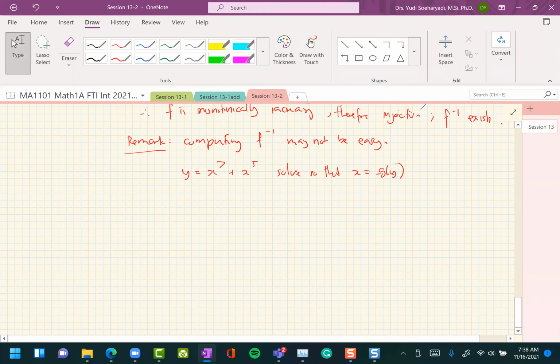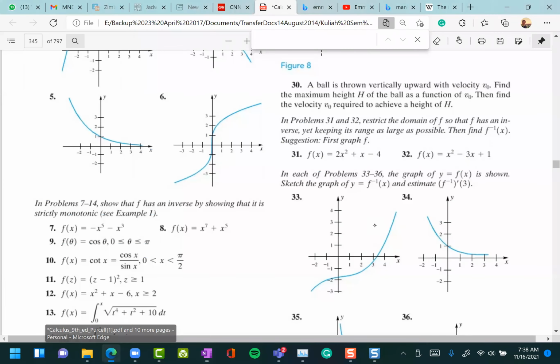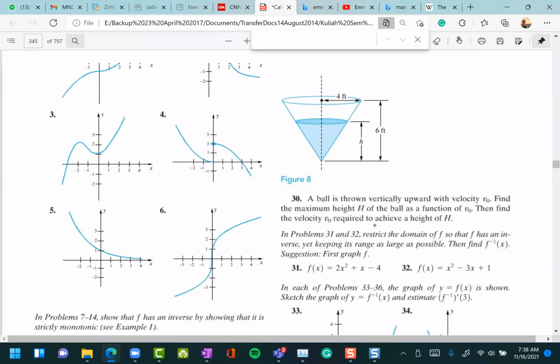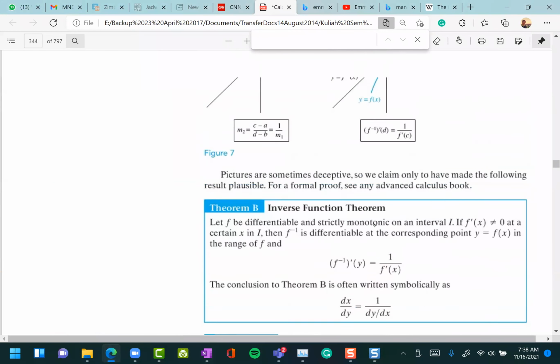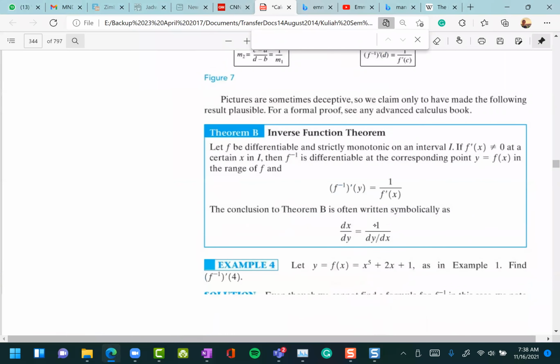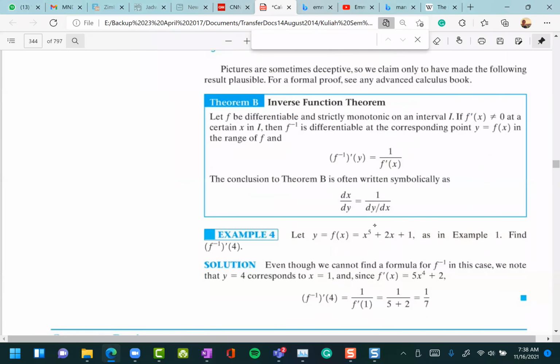Okay, so let's do something more than that. That is what we call the inverse function theorem.